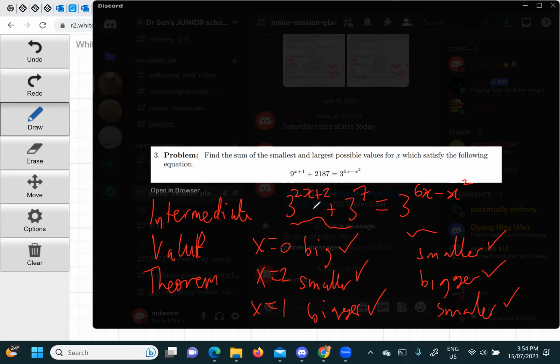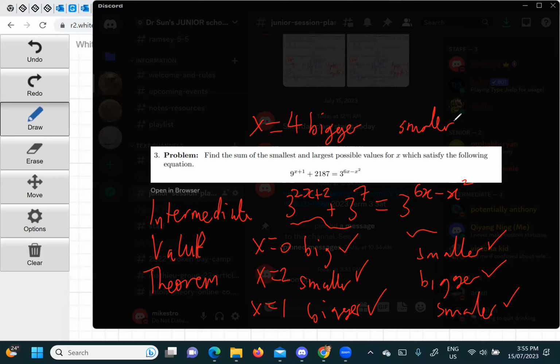But if you use the value 4, that's 24 minus 16, right? That's 8. But the other side has a 10, right? So if you do x equals 4, this side gets bigger again, and the other is smaller.